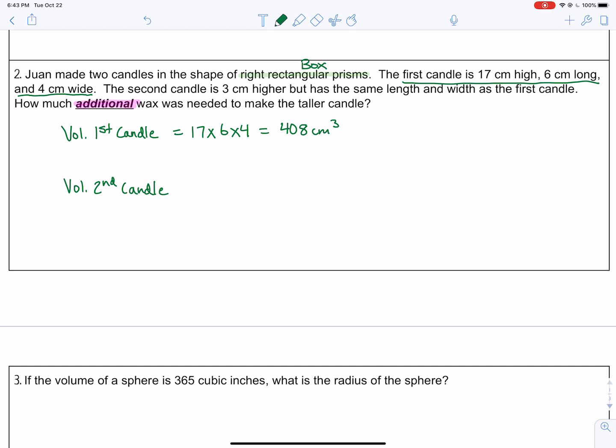And then they say the second candle is 3 centimeters higher, but has the same length and width as that first candle. So if it's 3 centimeters higher, I just need to add 3 to that first measurement of height. So 17 plus 3 would give me 20 for my new height. And then 6 and 4 are still my length and width. When I calculate that, I get 480 cubic centimeters.